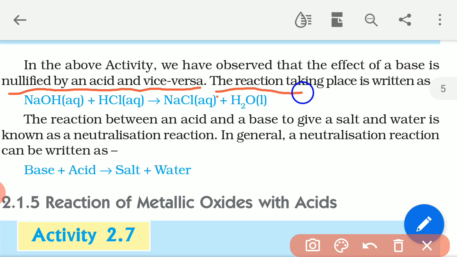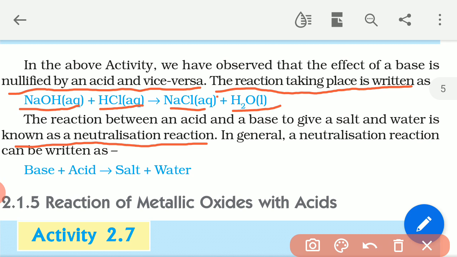The reaction that takes place is written as: NaOH means base, HCl means acid. Na means sodium, OH means hydroxide, sodium hydroxide plus hydrochloric acid forms NaCl. This is the salt, and water is formed. The reaction between acid and base to give a salt and water is known as the neutralization reaction.